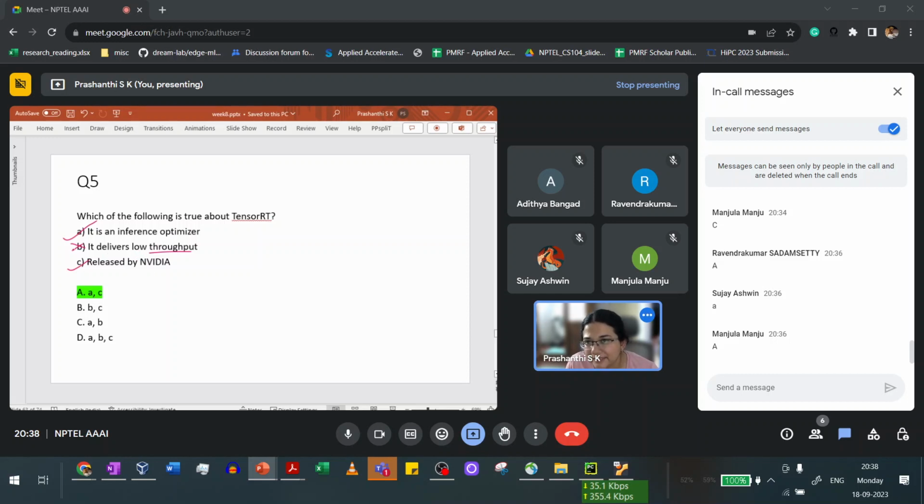So that's one way to answer this. The other is to come up with these two and see what options you can get with A and C, and that eliminates B and C for you. So you either have A or D. You still have to think about this, but if you know the definitions of throughput and latency, I think it's easy to figure out, even if you haven't read this about TensorRT or you don't remember it exactly.